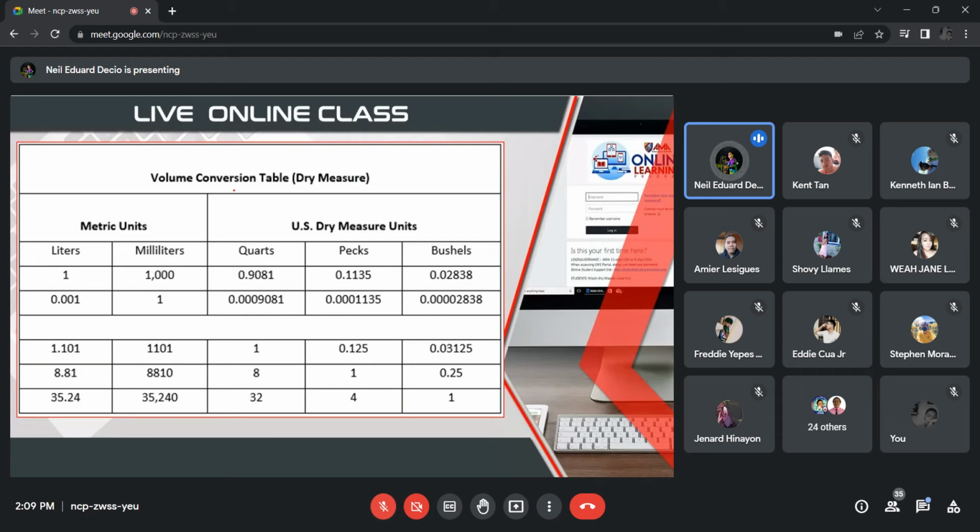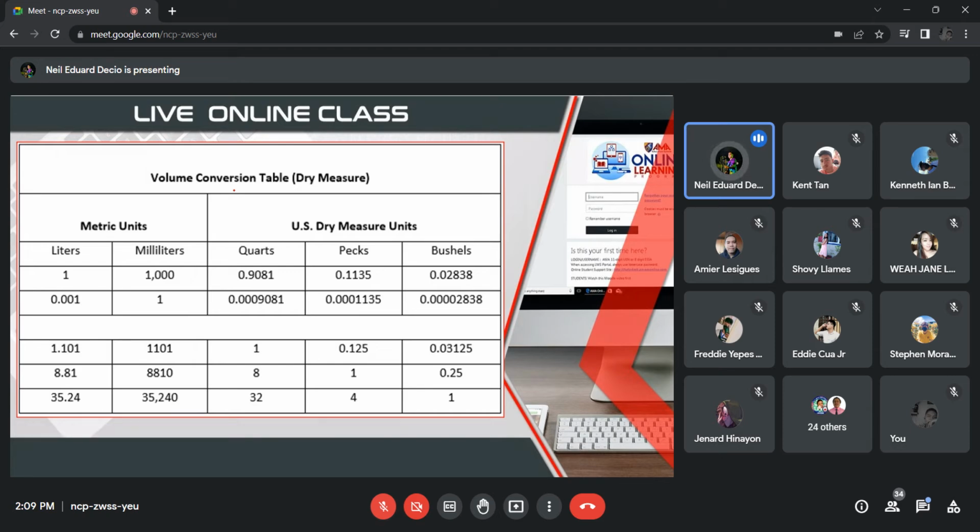Okay, this is mostly used in agriculture. I think in fisheries also. Okay, this is the unit that they use. But I don't think popular pa siya in today's society, but this is how they measure dry volume.